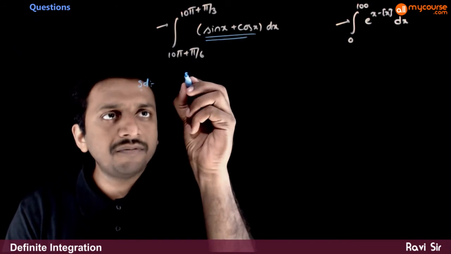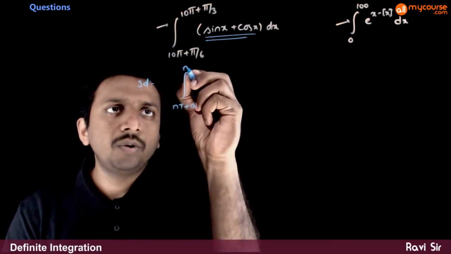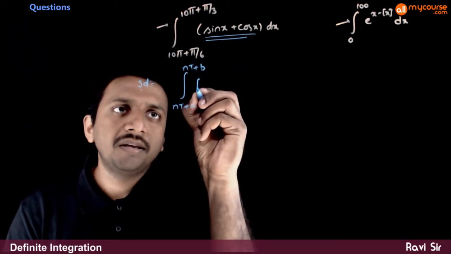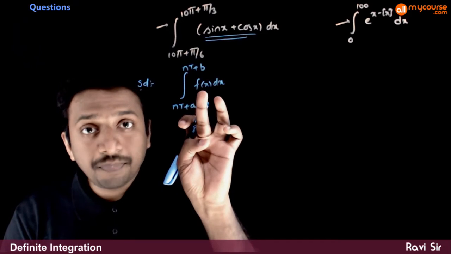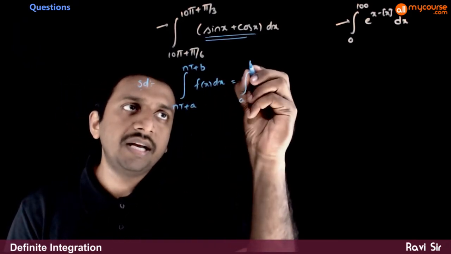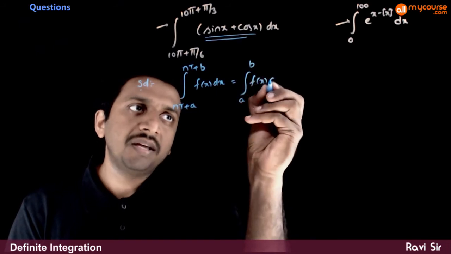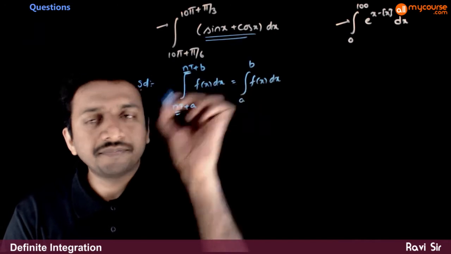You have a formula which says that the integration from nT plus a to nT plus b of f of x dx, if f is a periodic function with period T, will be exactly equal to the integration from a to b of f x dx. You can remove this part.